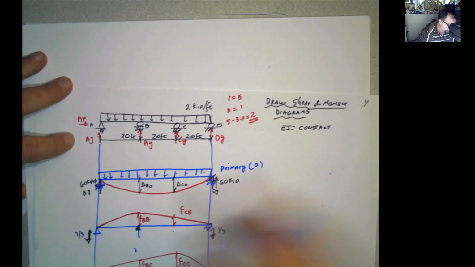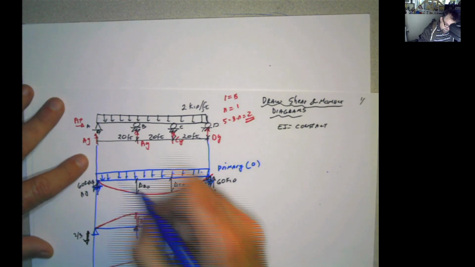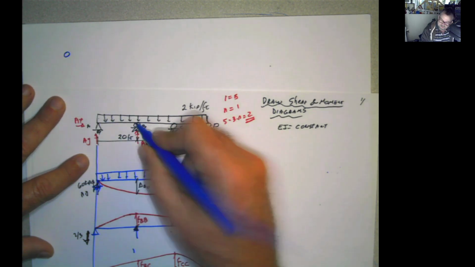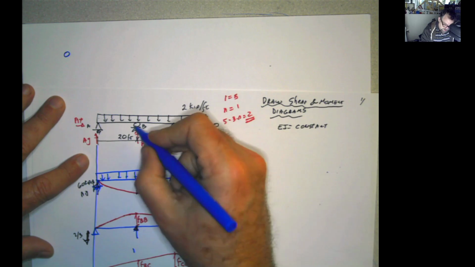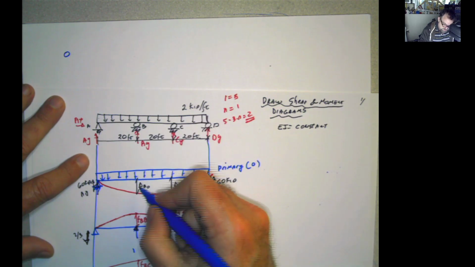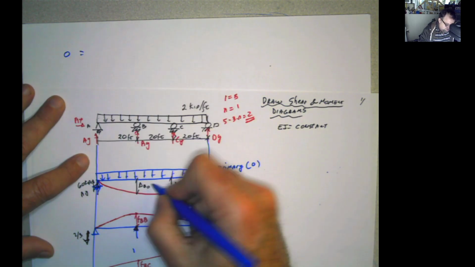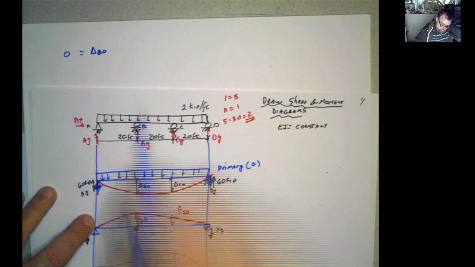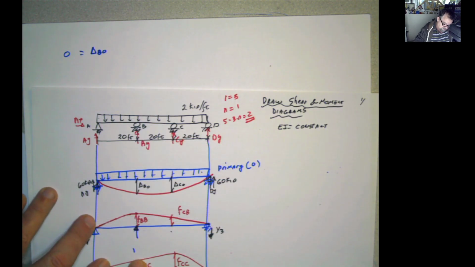Okay. Now, if you look at this one, what you have to do is this. The deformation here is 0. Deflection here at this point should be 0. So 0 has to be equal to the summation of delta B in my original, which is going to be negative because it's acting downward. And then I'm going to push it up here and here.